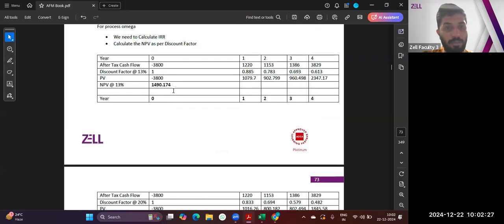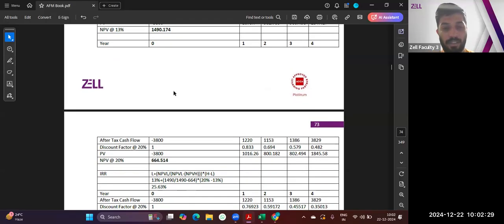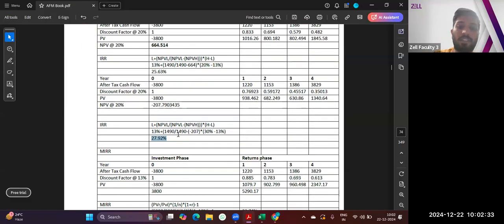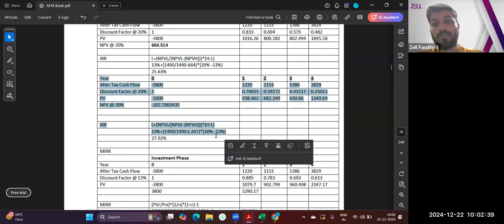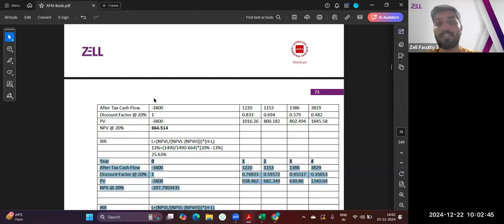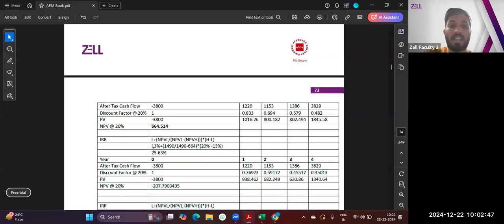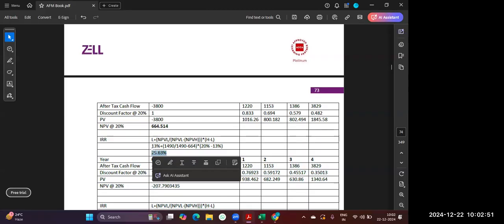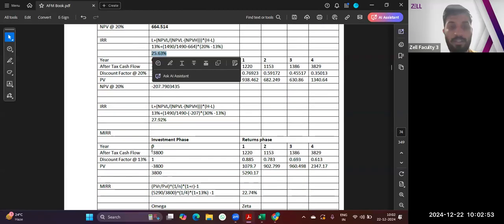This is for process omega, and they're trying to calculate the IRR with a different discount factor. So guys, over here they have made one more assumption for 30% as well. But you don't need to do it in the exam. You're expected to calculate only one IRR. This is just for illustration purposes. Everyone is clear till 25.63? Any other questions?